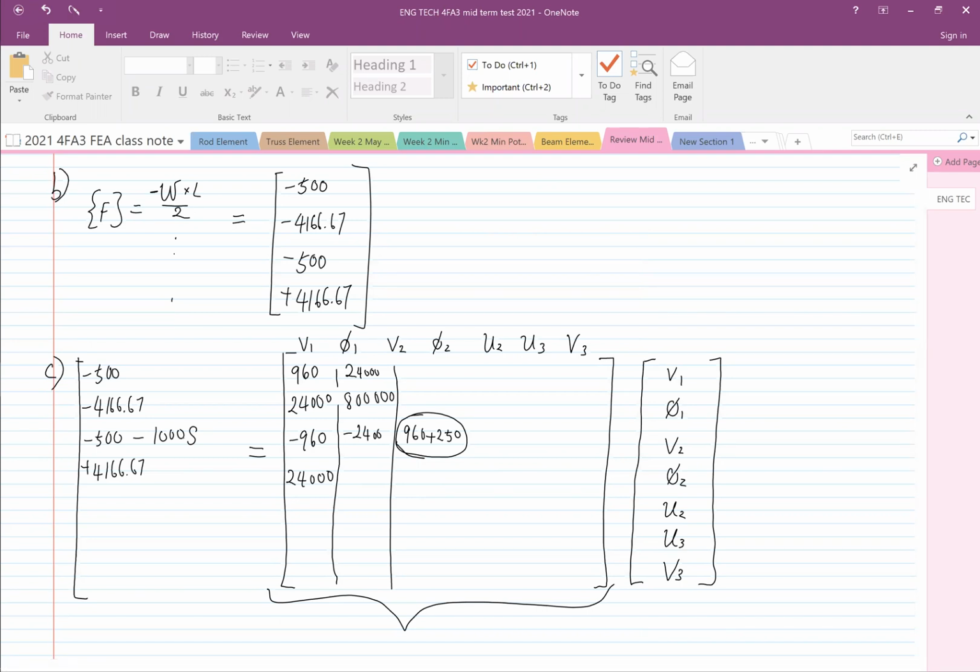Hold on. Let's apply the boundary conditions. This is 0, 0. And then V2 is allowed to go down. Psi2, yes, allowed to turn as well. U2 is locked in place. The truss element's not moving to the right. And then this is 0, 0.